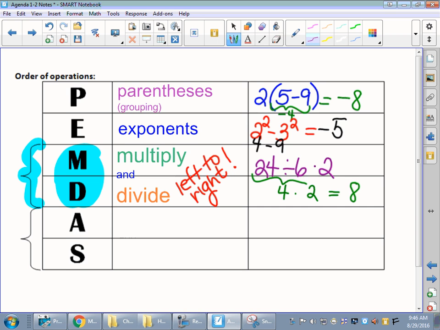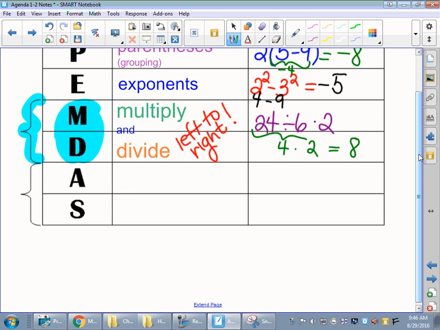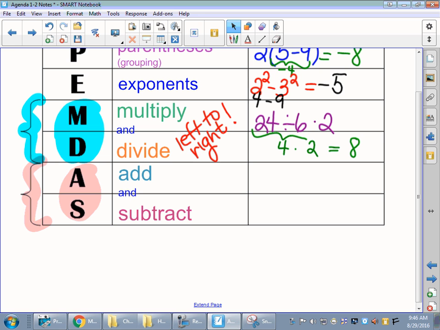Same with addition and subtraction. Addition and subtraction is a little bit different because we start talking about the subtraction as a negative instead of subtraction. But we're going to add and subtract from left to right. So if I gave you an 11 minus 3 plus 9, it doesn't matter what comes first, add or subtract, as long as it's only addition and subtraction in our problem.